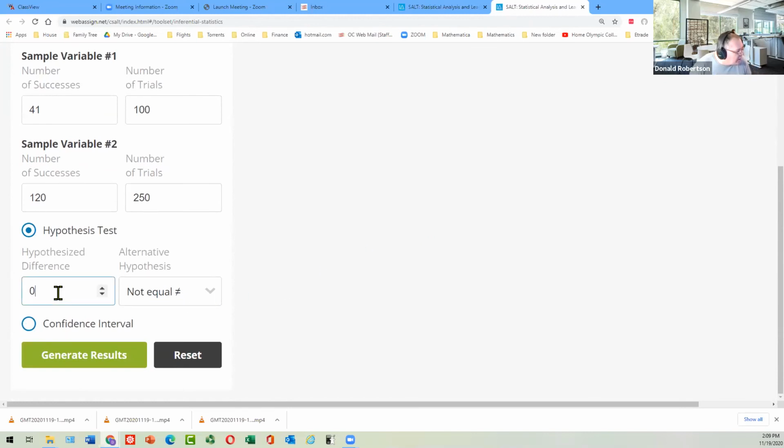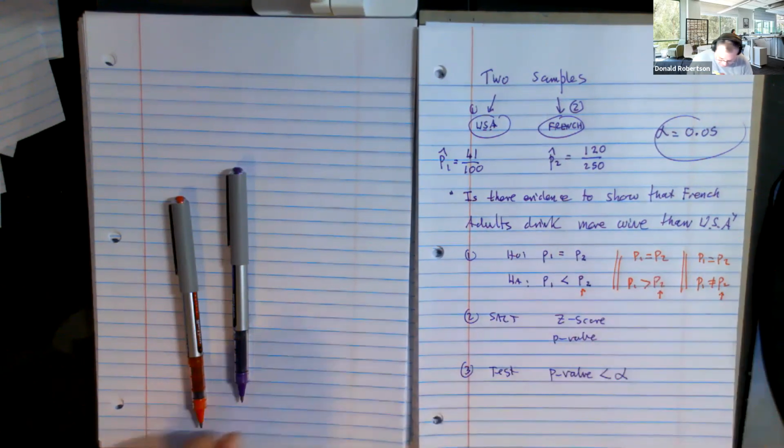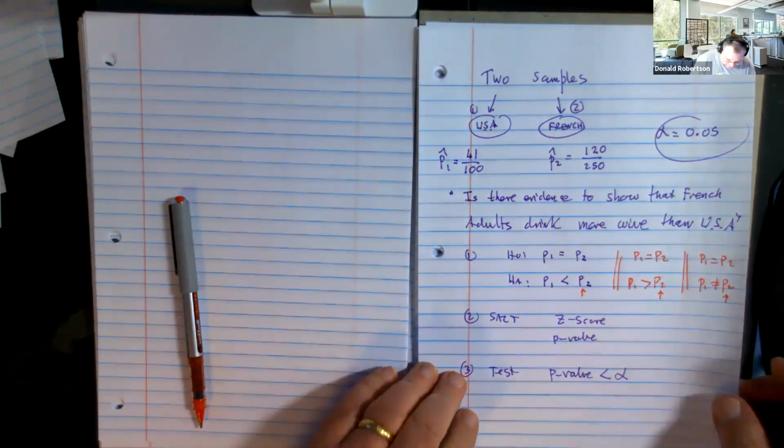And now I have a problem here. So I'm going to have to go back and show you how to cope with the way that the software asks the question. They don't have a P1, P2, greater than or less than symbol, which is how I wrote these down. So let's show you how you convert them.